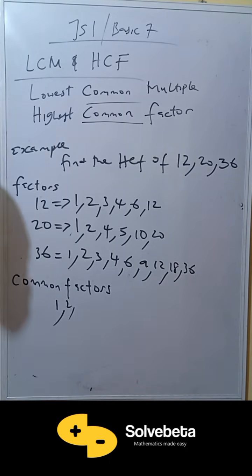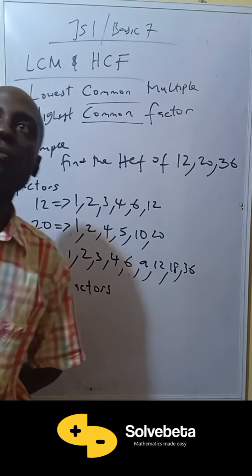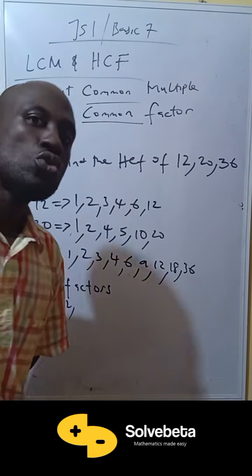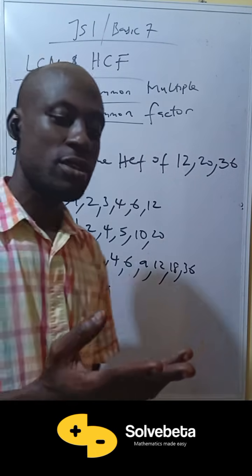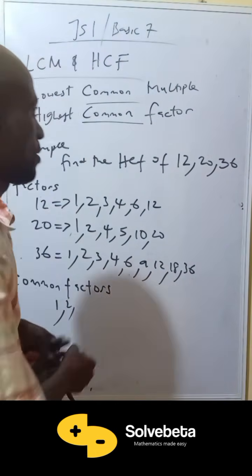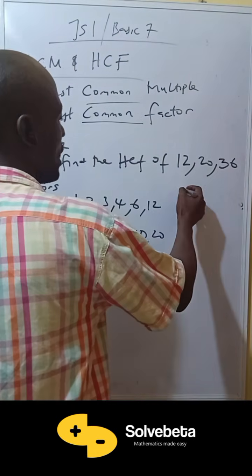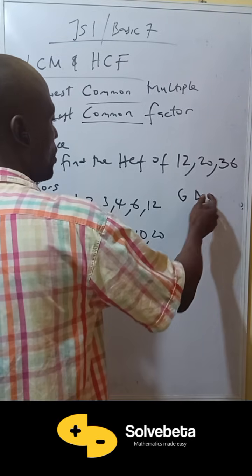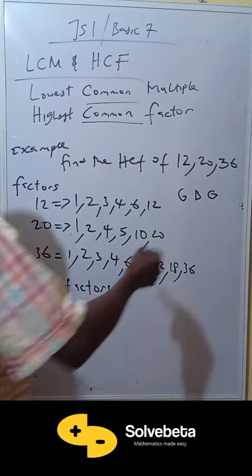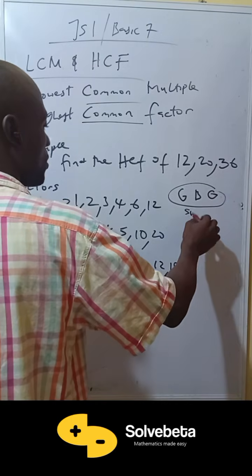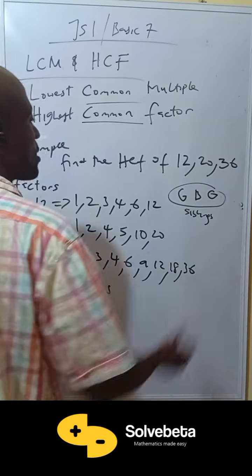If you are looking for what is common between you and your siblings, let's say you have 3 siblings: you are a girl, you have a brother and a sister. If you want to ask what is common between 3 of you, you are siblings, meaning brothers and sisters.